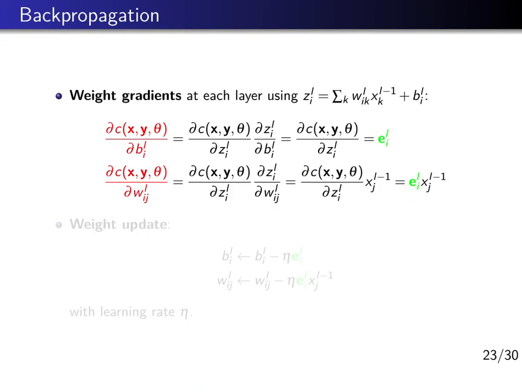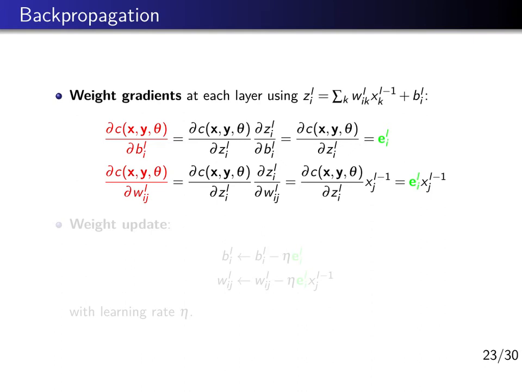And now the last step of backpropagation is that we use these error vectors, or sensitivities as you might call them, in order to compute the gradients of the weights. What you're really interested in is the derivative of the loss function with respect to a parameter of the neural network, such as a bias at neuron i in layer l, or such as the weight matrix at layer l between neurons i and j.